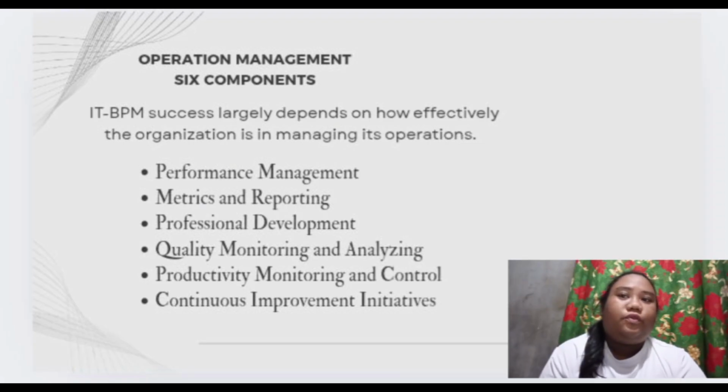It ensures work meets required standards. Next is productivity monitoring and control. Track how efficiently employees complete their tasks. And lastly, continuous improvement initiative. It involves using methods like 5S, Kaizen, and Lean to constantly improve processes. Together, these components help organizations run smoothly and effectively.